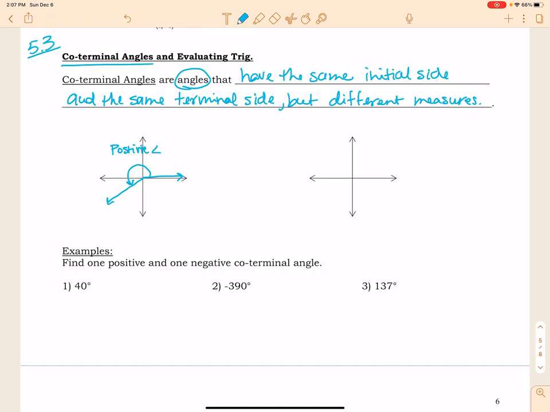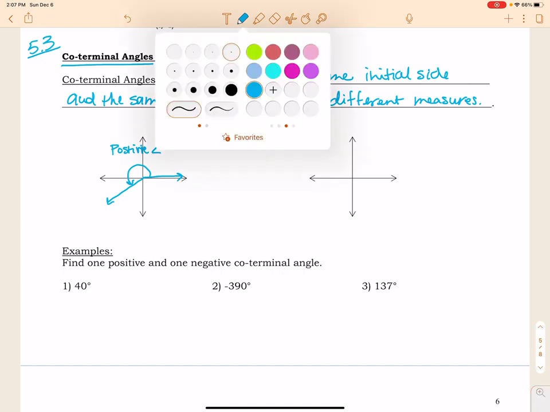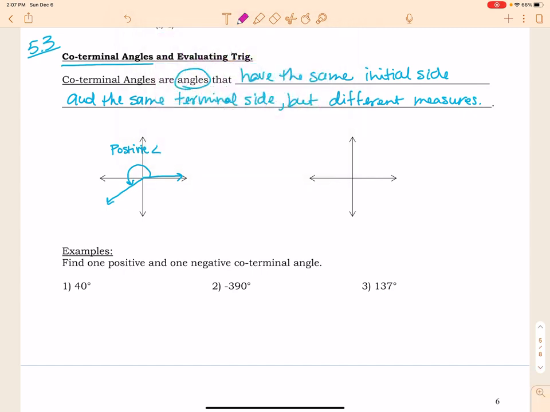Okay, so a coterminal measure for that would be a negative angle that starts in the same place and ends here. So there's a negative right there. So notice that it's got the same initial side and it's got the same terminal side, but it's negative.